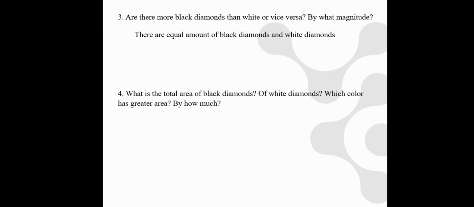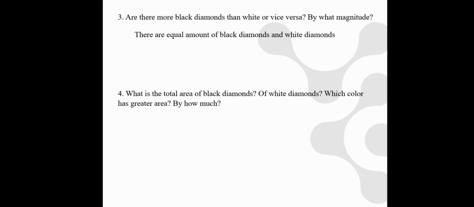Are there more black diamonds than white or vice versa? By what magnitude? The answer: there are equal amounts of black diamonds and white diamonds. What is the total area of black diamonds and of white diamonds? Which color has greater area, and by how much?